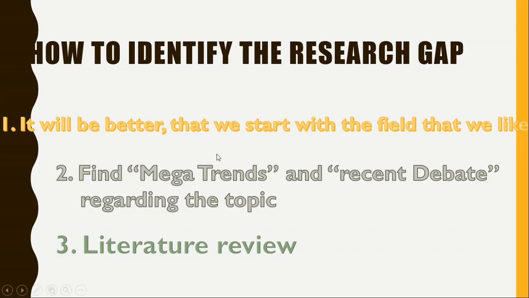And the second, try to find the mega trends or recent debate regarding the topic. It is also important because if we find the mega trends or recent debate, we will find the essential, and maybe important, topic or something else that is really essential.